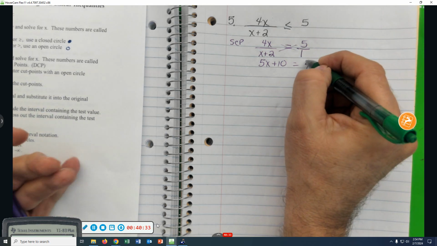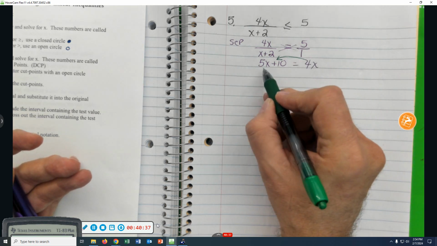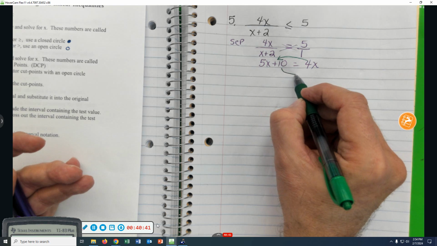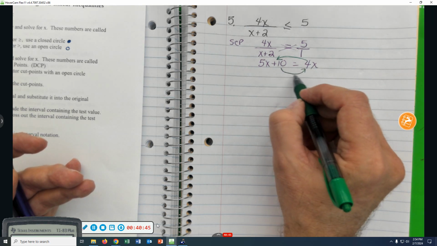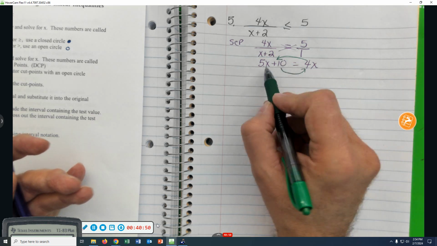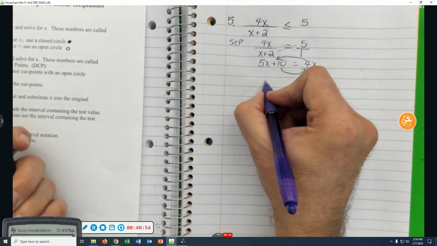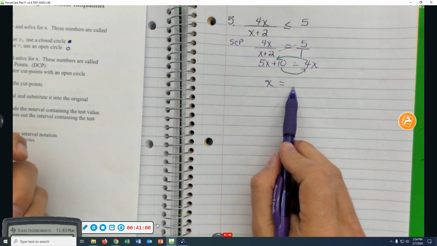I'm going to use my arrows to indicate that I'm subtracting 4x from both sides. And what am I doing with the 10? Is that subtracting 5x minus 4x? That would just give me an x on the left. I want x equals a number. What number am I going to have on the right-hand side?